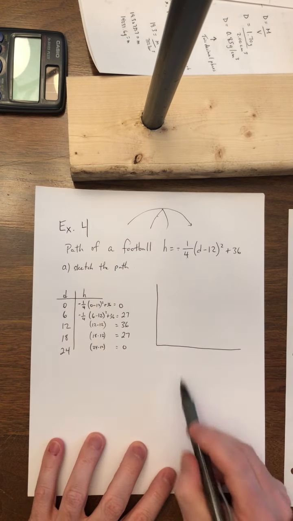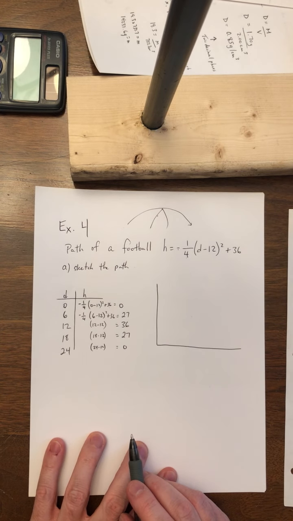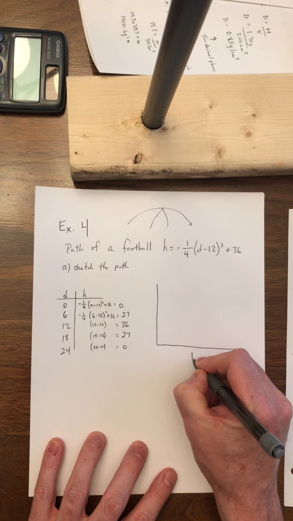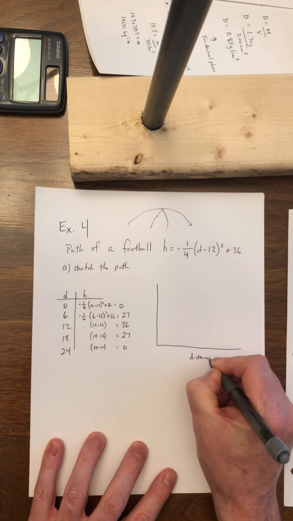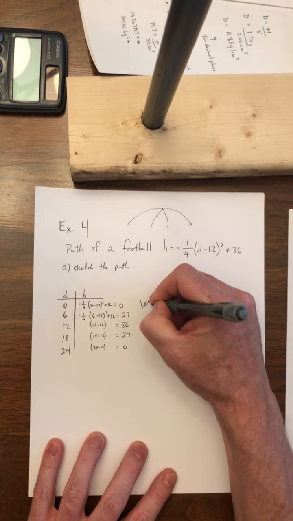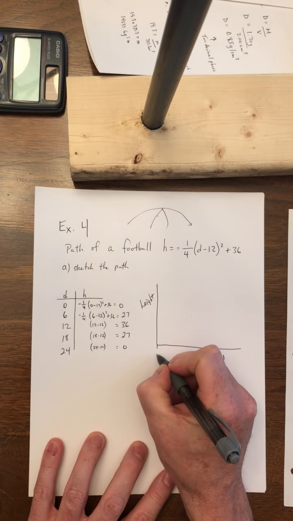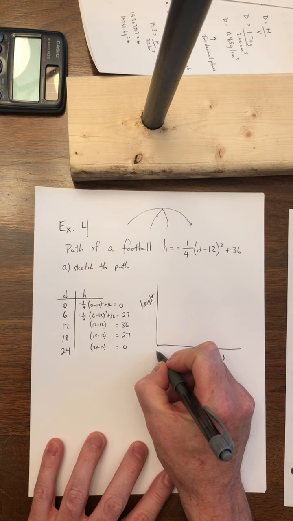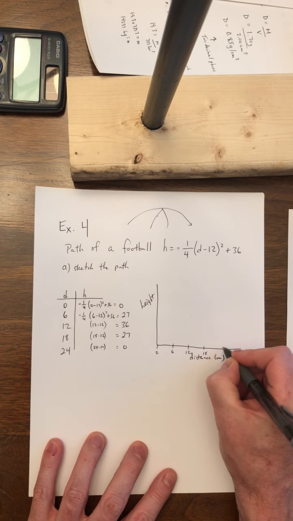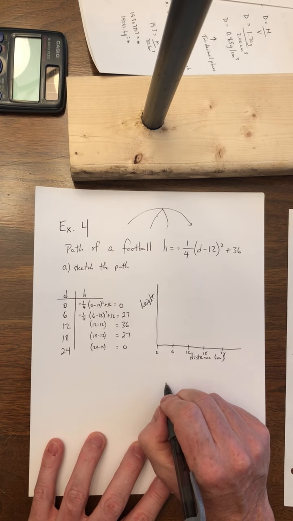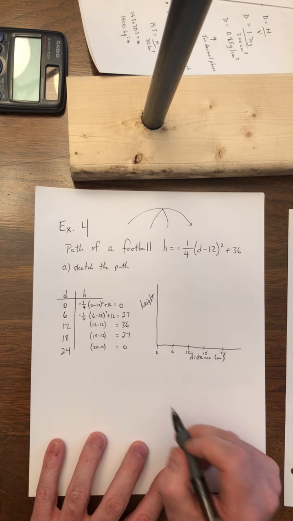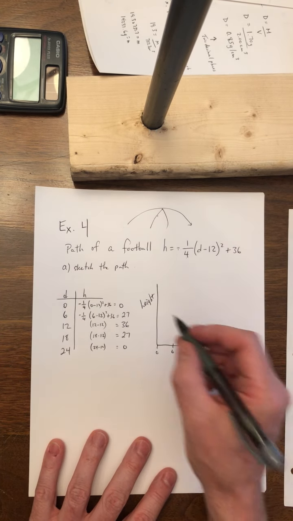We have all positive numbers, so we only need the positive quadrant of our Cartesian plane, and we have the height in meters, distance 0, 6, 12, 18, 24, and we have our heights, which looks like it can go up to at least 36 here.